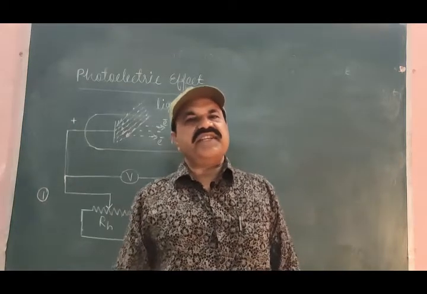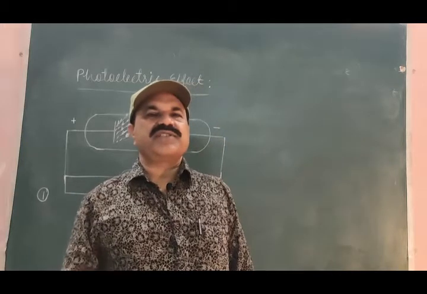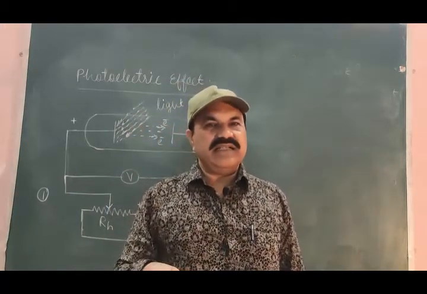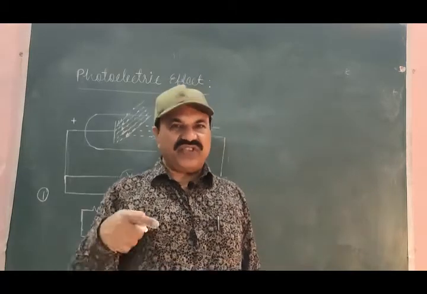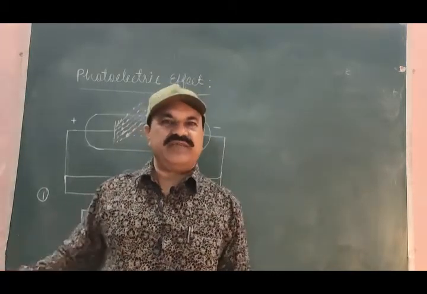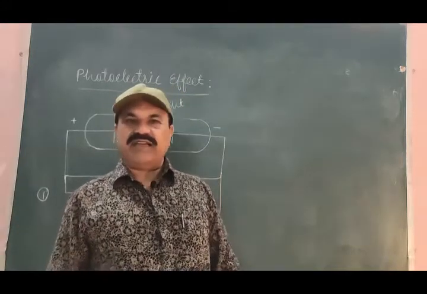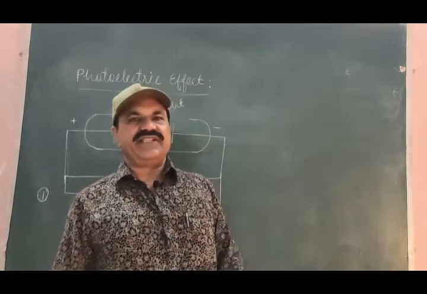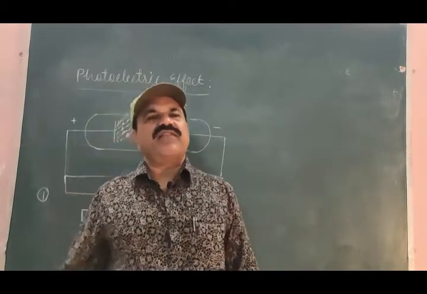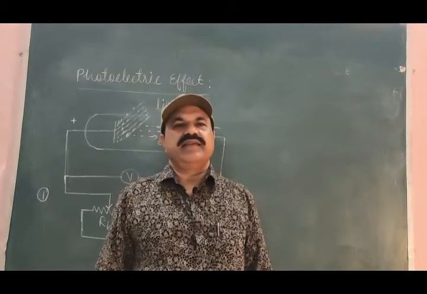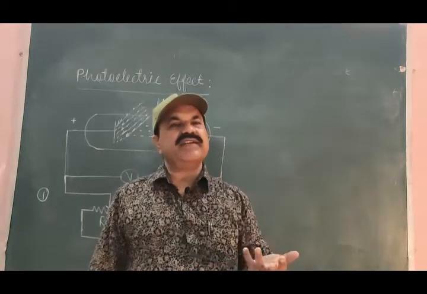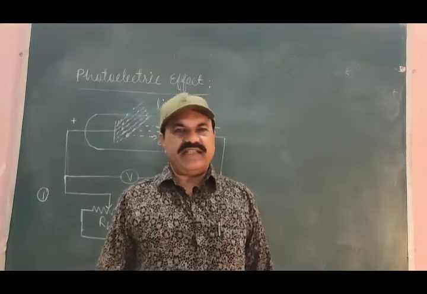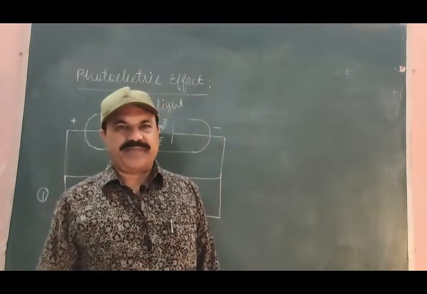The kinetic energy received by these electrons, if it is larger than the binding energy with which the electron is bound with the atom of the metal, it will break the bond and get emitted from the surface of the metal. It will get emitted from the surface of the metal with certain kinetic energy.